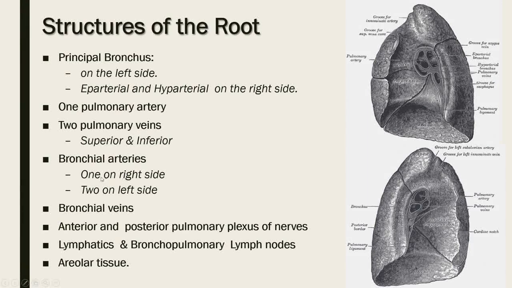Bronchial arteries, one on the right side and two on the left side, which are not that pronounced over here, but they are present. Bronchial veins as well, anterior and posterior pulmonary plexus of nerves, lymphatics and bronchopulmonary lymph nodes, and areolar tissue. These are the structures that are present as the root at the hilum of the lung.